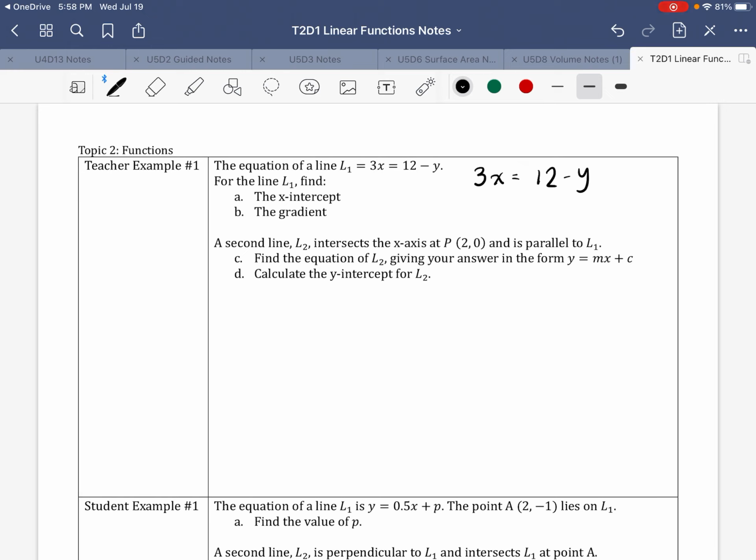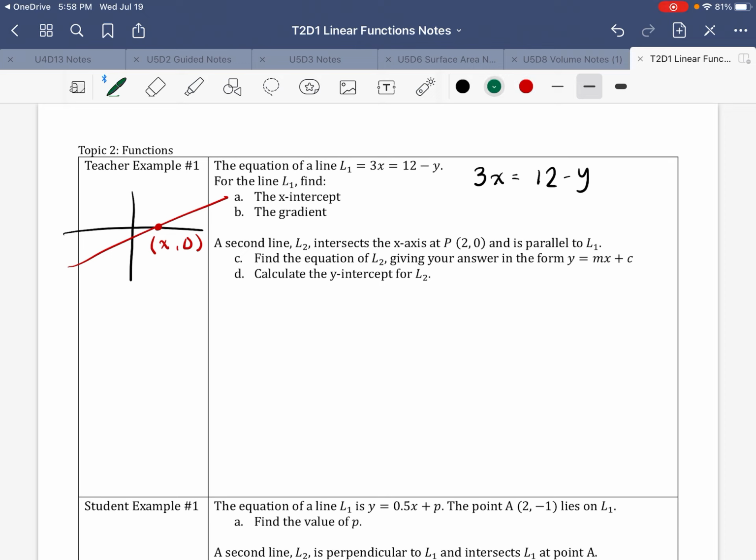In order to find the x-intercept, we can always plug in 0 for y. Because if we think about any kind of line here, at the x-intercept right here, we'll see that your y value is 0.